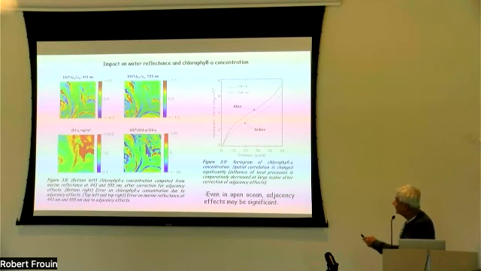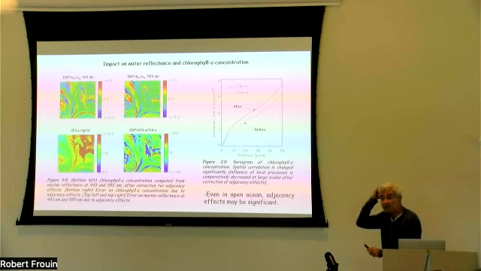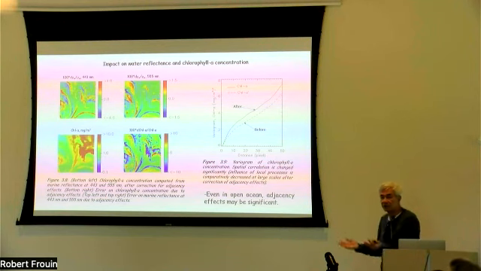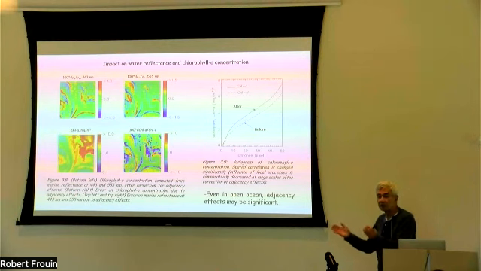And here I have a variogram, the chlorophyll concentration as a function of distance. You know what the variogram is? Basically, it computes the average squared difference between pixels which are separated by a certain distance.